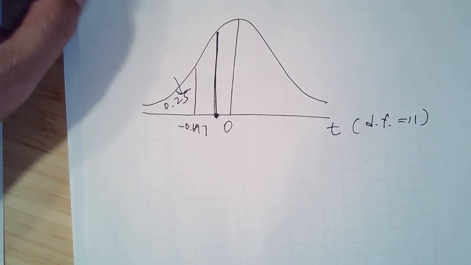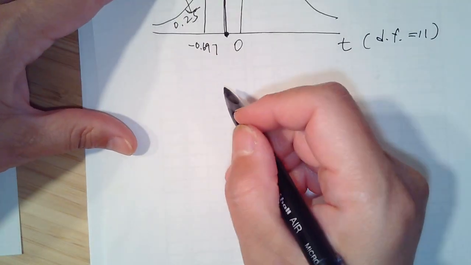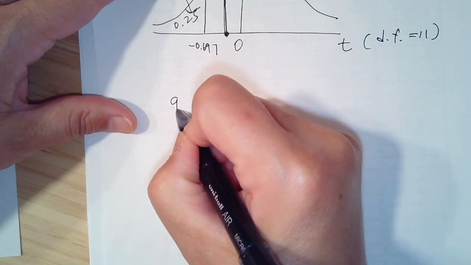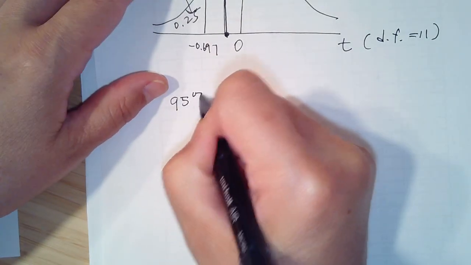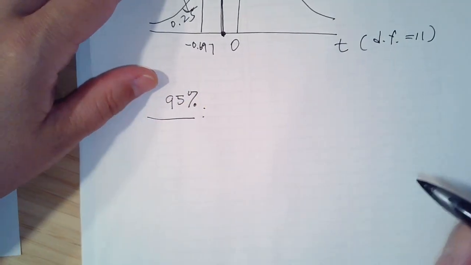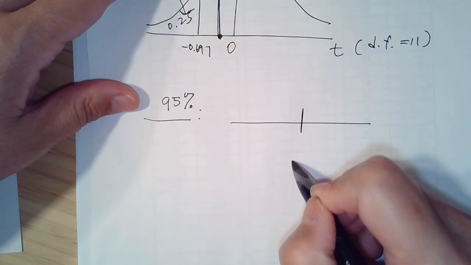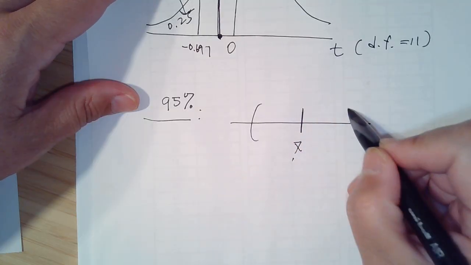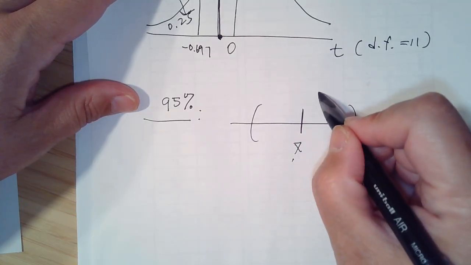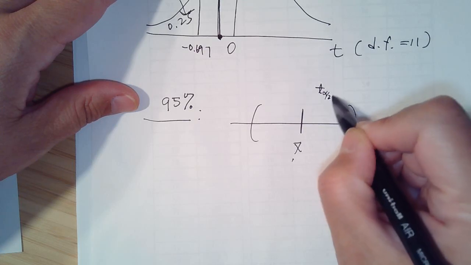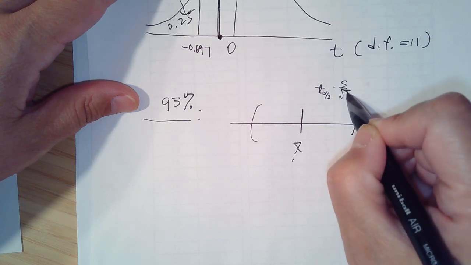Now, think about what we have learned in an early chapter about the confidence interval. If you construct a 95% confidence interval, is that from the mean, from the x bar, and they go to the left and the right by the t alpha over 2 times s over square root of n, right?